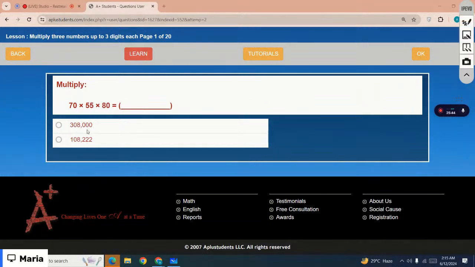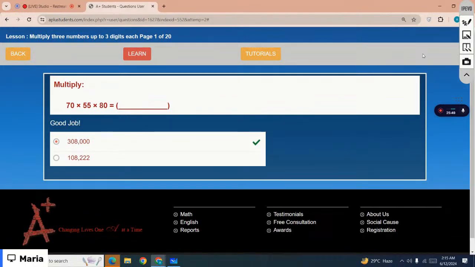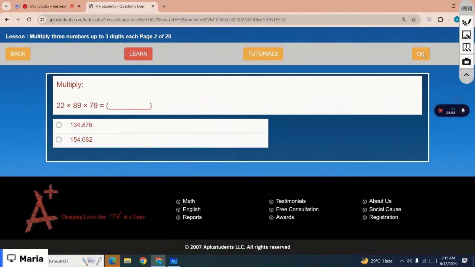Always try to make the question easier, right? Like if you have the numbers with the zeros, multiply them first. This way, solving the question is very easy, right?